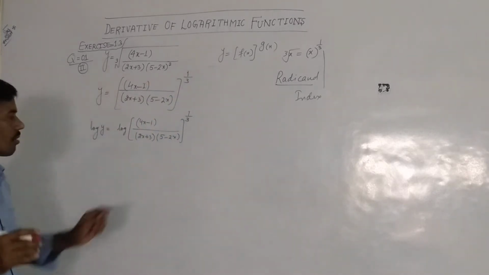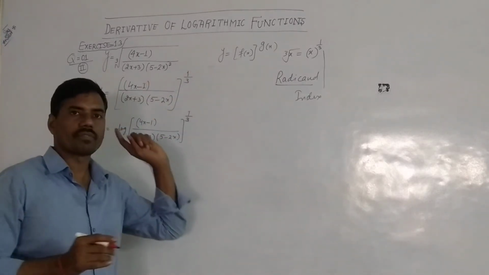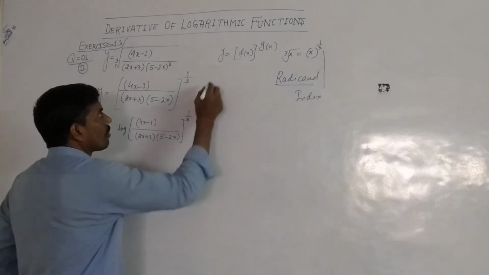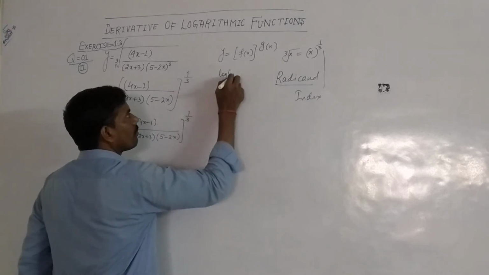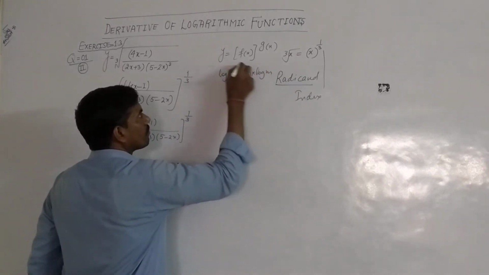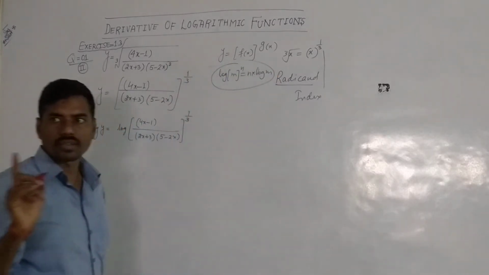Correct? Log of m to the power n, and n is 1 by 3, and the property of log of m to the power n is equal to n into log of m. Correct?